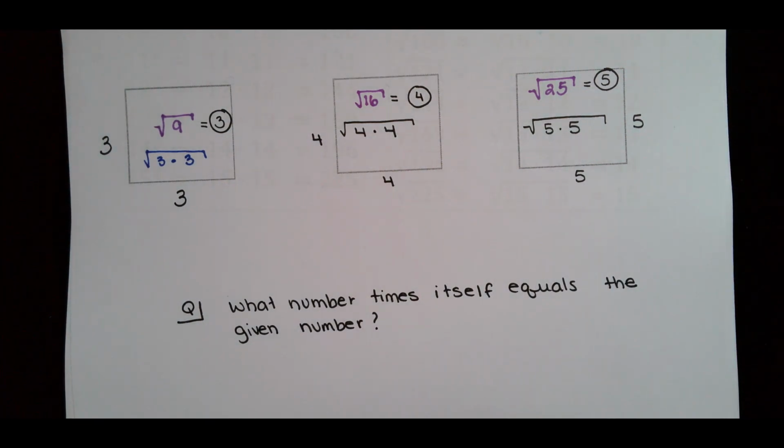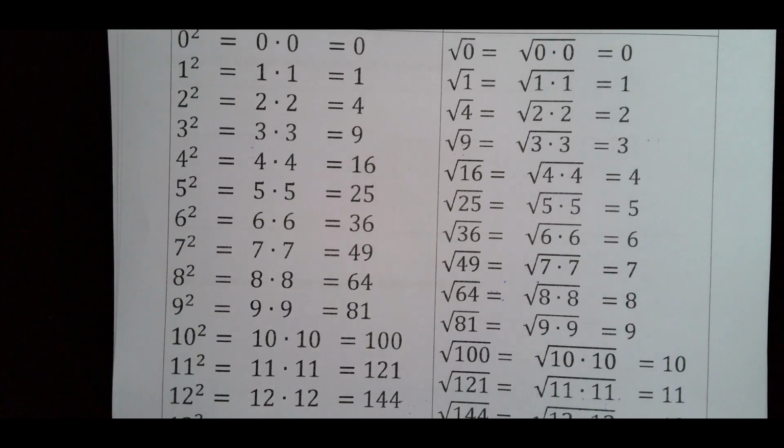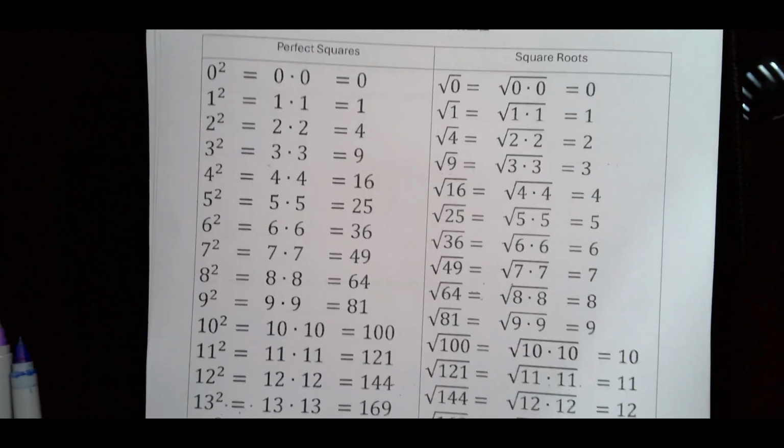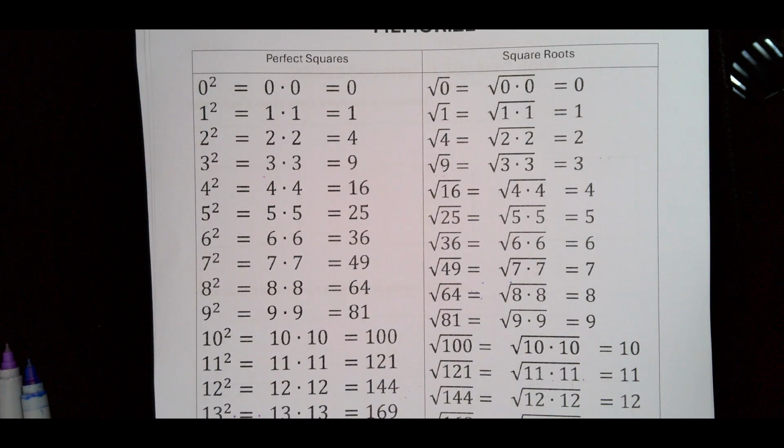If you take this paper and flip it over, you will see that I have already typed out your memorization section. You're going to need to have memorized your perfect squares and your perfect square roots.